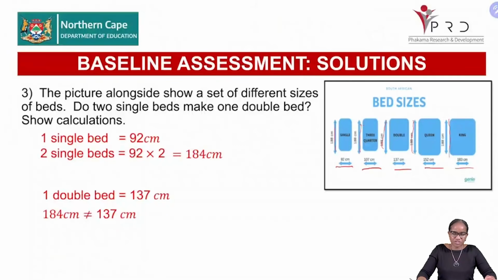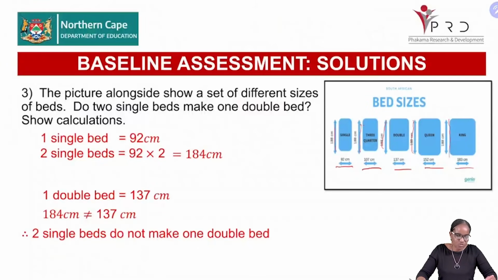So comparing the two figures, 184 centimeters made up of 2 single beds is not equal to 137 centimeters, which is for 1 double bed. So we can safely say 2 single beds do not make 1 double bed. As you can see, their combined width is much larger than that of a double bed.